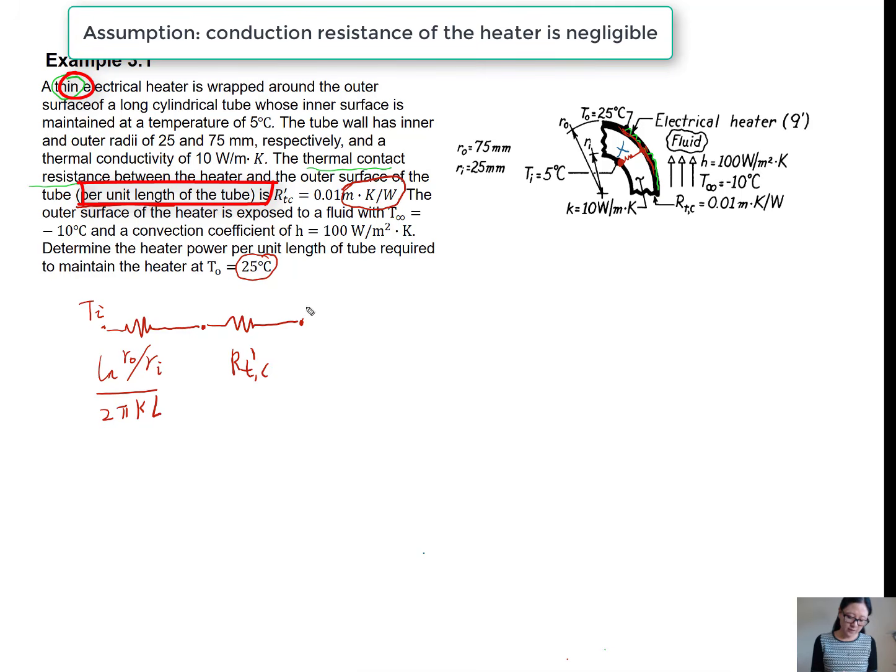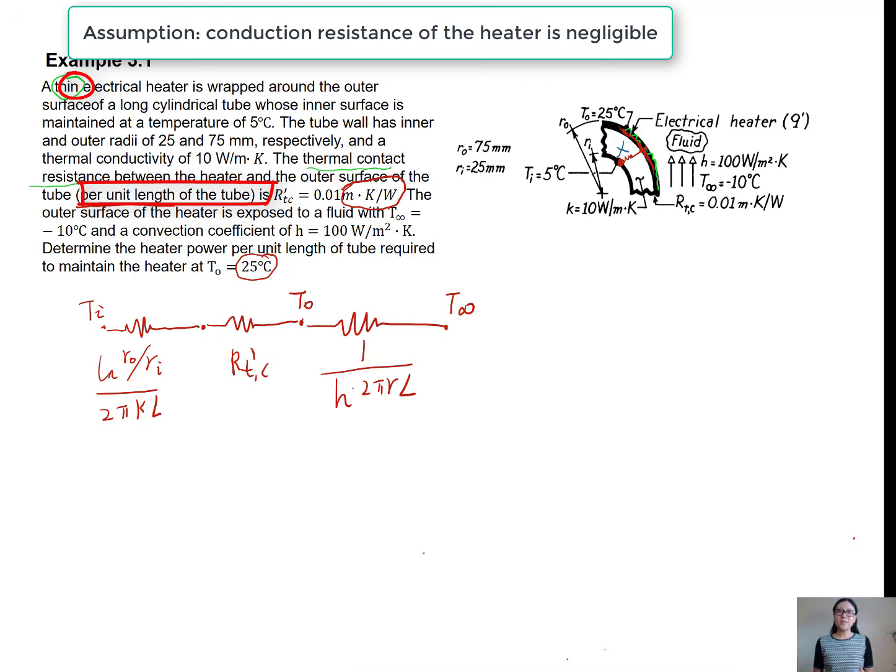Then we reach temperature of the heater T0. Between T0 and T infinity, we have a convection resistance, 1 over hA. This A is 2 pi R L.